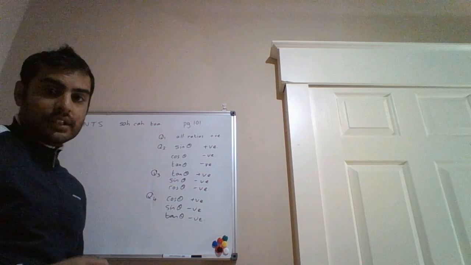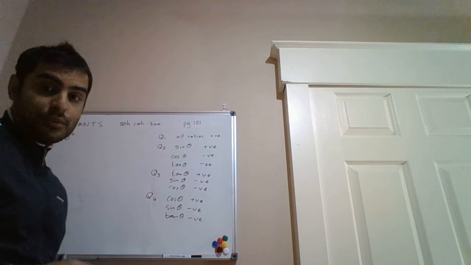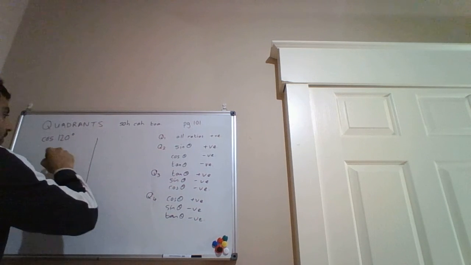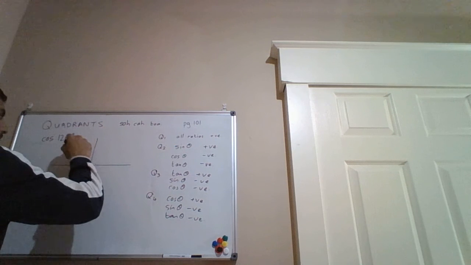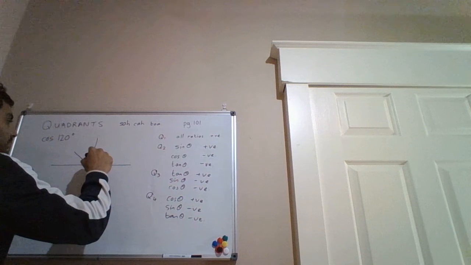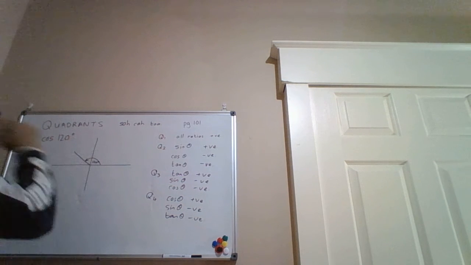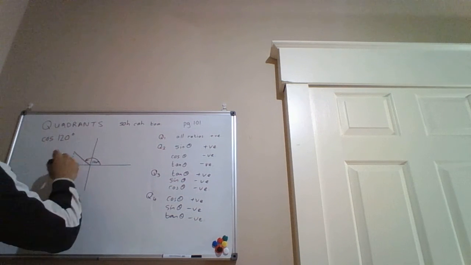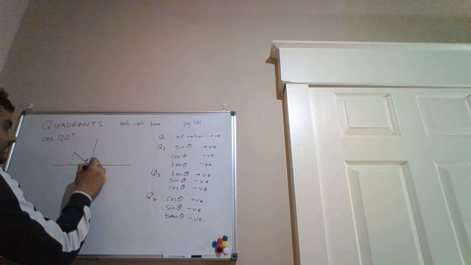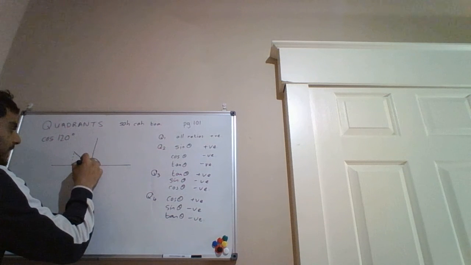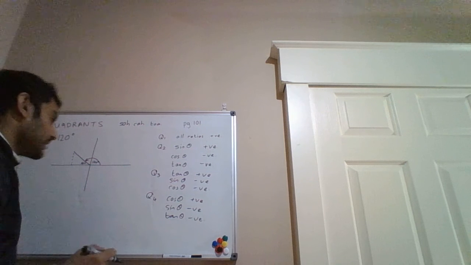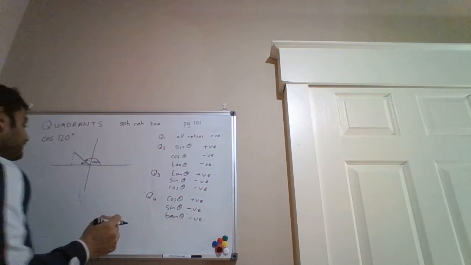We need to see what's happening with cos of 120 degrees. That would be in our second quadrant. If the size of this angle is 120, this missing piece will be 60 degrees because of angles along a straight line being supplementary.